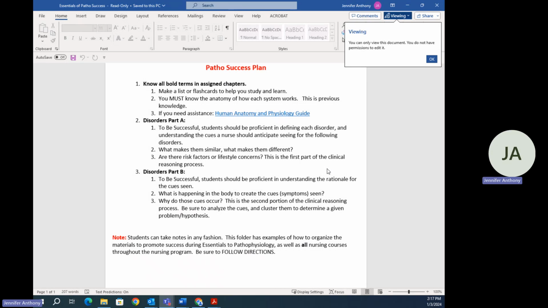But if they do it very well, they are taking half of the time needed in future courses and literally minimizing it out. They don't have to go back and say, what are the symptoms of asthma?